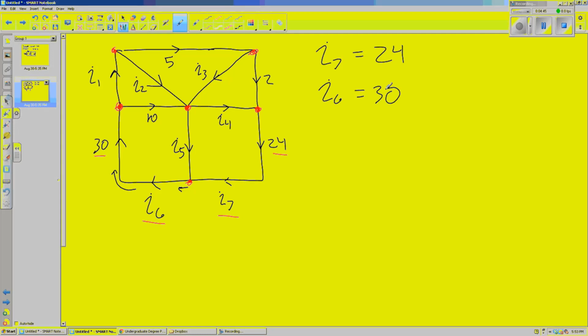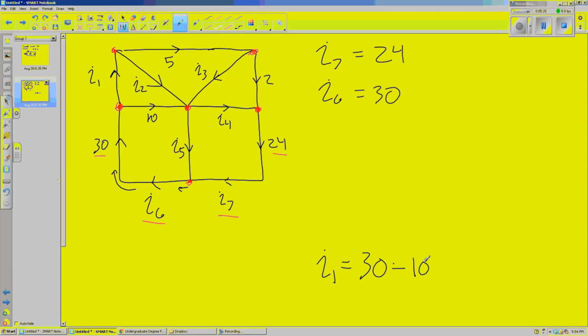Let's go to I1. At that junction, we have two arrows flowing out and one arrow flowing in. So we're saying that current is coming in on one side and coming out on two. Let's solve that one. I1 is equal to 30 minus 10.